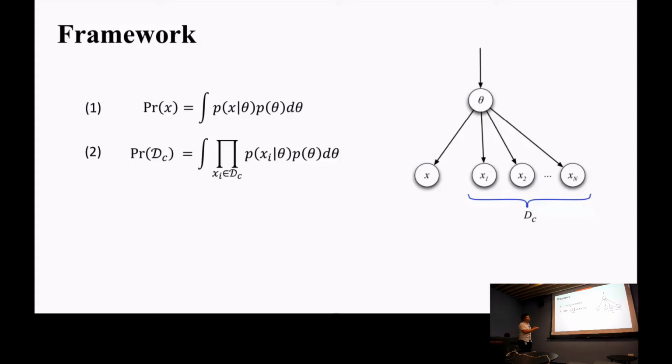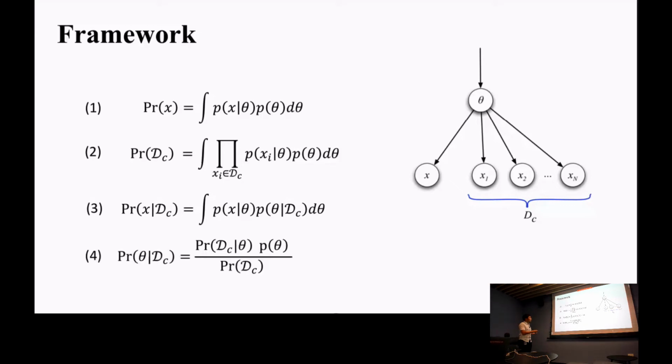For the query set, which consists of n different items, it's basically a sum over all the elements inside the set. Given this definition, you can compute the posterior probability of x given D_C. In this formula, there is a term of the probability of theta given D_C, which can be computed as in equation 4.